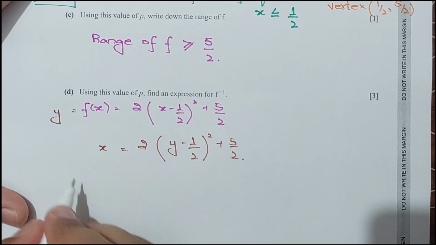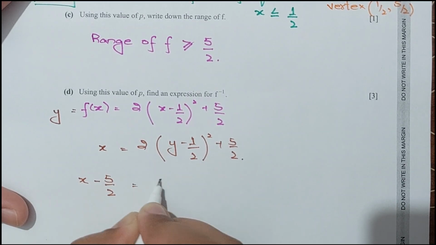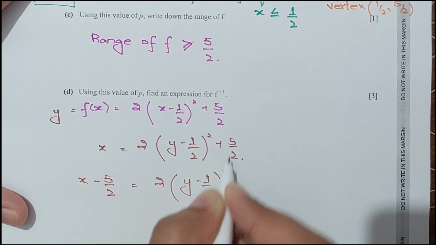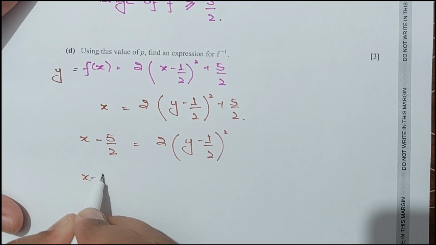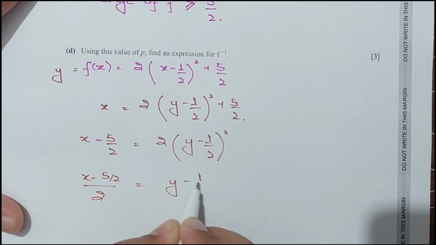Now solving for y, x minus 5/2 equals 2 times (y minus 1/2) squared. Shift this term. Now dividing by 2 on both sides, (x minus 5/2) divided by 2 equals (y minus 1/2) whole squared.